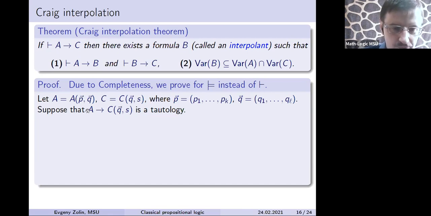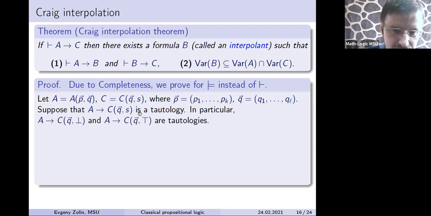It is true for all valuations. We have one variable S here that is not in the formula A. Let us substitute true and false for S. Then we obtain two formulas. They are again tautologies, of course, because the first formula was true for all valuations.